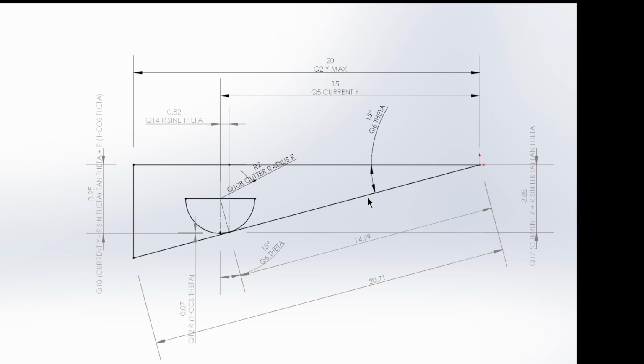This is the slope line that we want to cut along. We can adjust this here to adjust that slope. Here is the maximum travel I want to do in the Y direction. And here is the actual point where the milling cutter is going to be cutting those scallops.